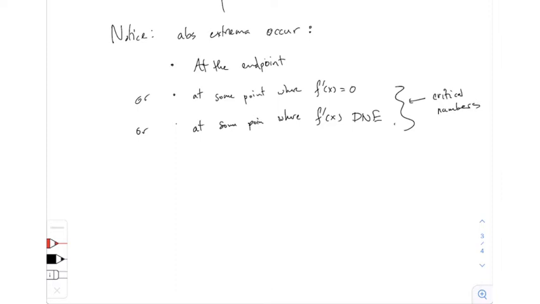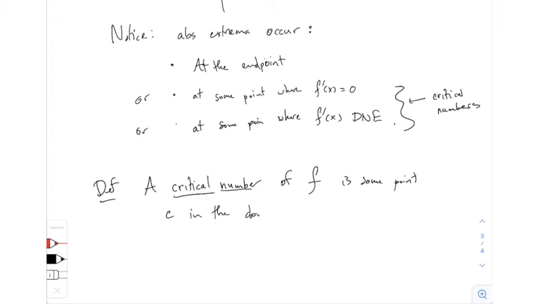So I'll just write the definition of that. A critical number of some function f is some point C in the domain where either f prime of C equals 0 or f prime of C does not exist.